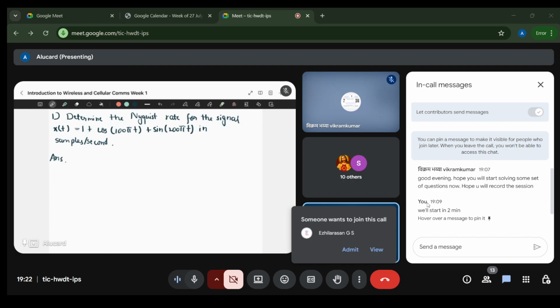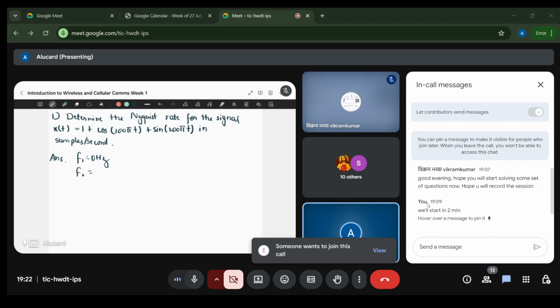So you have a sum of three signals here. The first one has frequency 0 hertz, second one has frequency omega by 2 pi, which is 50, and the third signal has frequency 200 pi by 2 pi, which is 100 hertz.